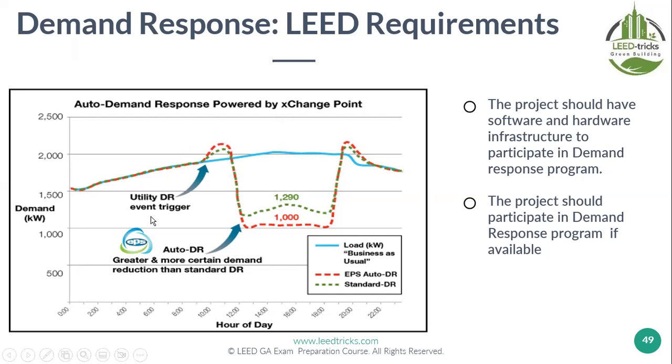What will the utility company do? It will send a note by mobile, by SMS, to the facility manager, to the building owners, to the one who registered the meter of the building: peak hours started.